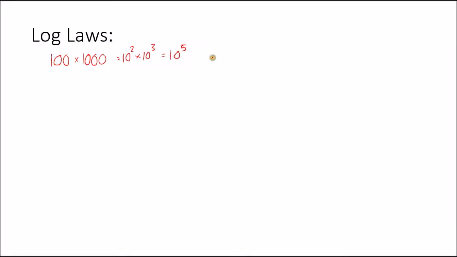Now, if we have something like log of 100 times 1,000, you pretty much could figure out what's going to happen here, because what's in the bracket is the same as 10 to the 5. Sorry I haven't written the 10 here, but remember that if it doesn't have a base written next to it, it is log base 10. So you know that your answer there is going to be 5.